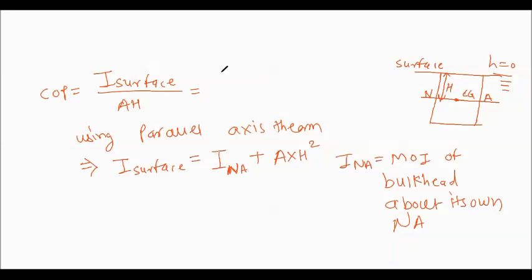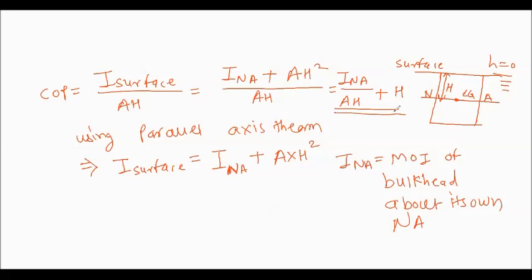Okay, so the formula you can write like this: I surface is equal to INA plus AH square divided by AH. Then this formula becomes divide AH to individual. The formula becomes INA divided by AH plus, this A gets cancelled, the only thing left is H. So this is the formula to find the center of pressure, and that center of pressure will be measured from the surface.